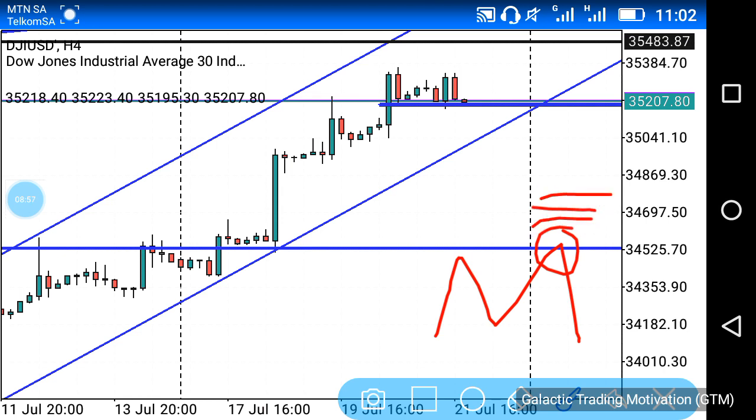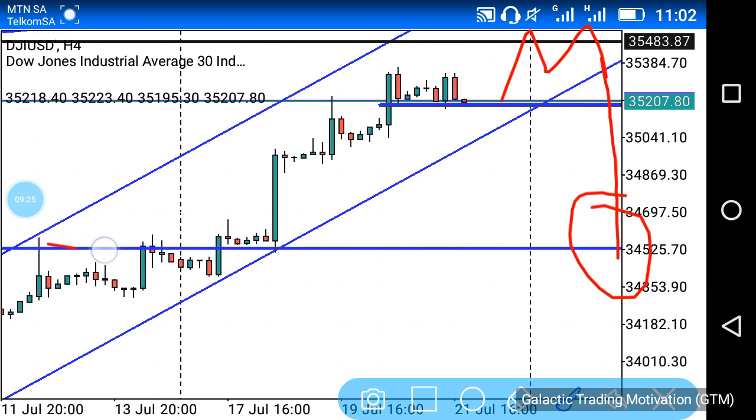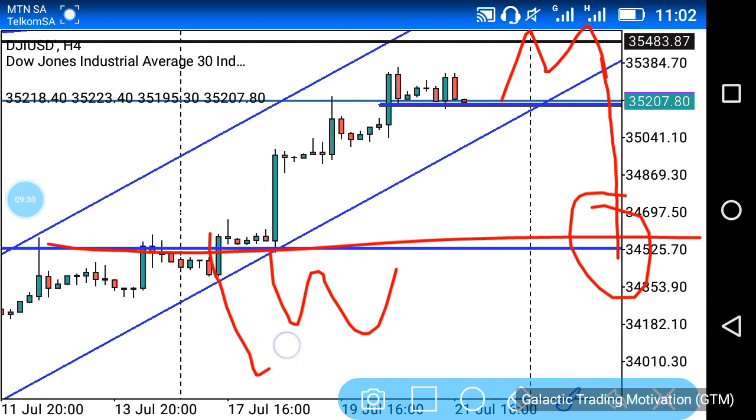So this could be a trap in that the market may actually close or move further down to just below that neckline, and then move further up to grab all of those stop losses, and then continue to move further up to that level where we have that very strong level of resistance, and then at that level we may potentially see the market move further down, or the market may give us another M structure at that point and then move further down to around this level, which is where we have the neckline of that W structure as well as of that huge inverted head and shoulders pattern.